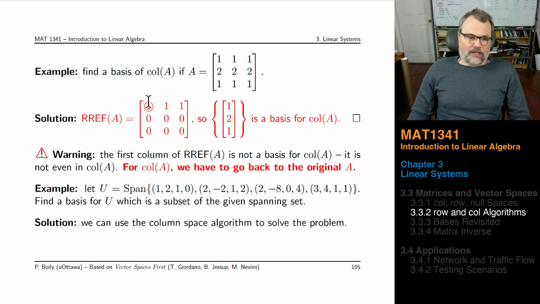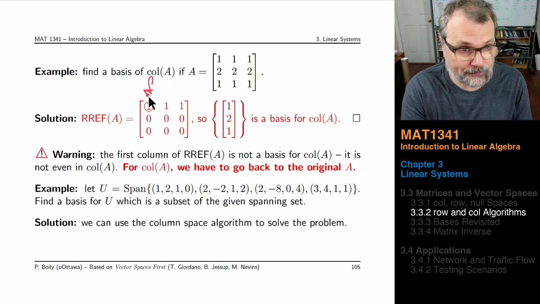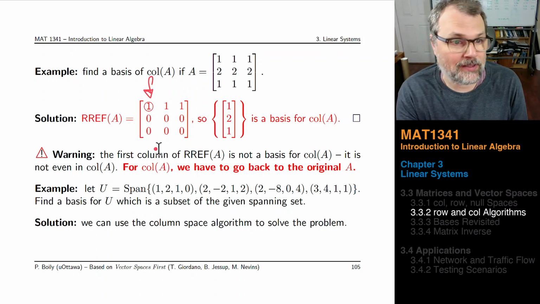So according to this, there's one leading one in the first column of A tilde. That's the matrix A tilde, right?